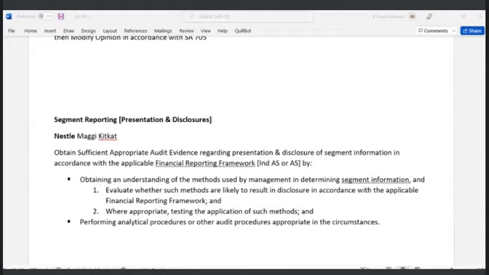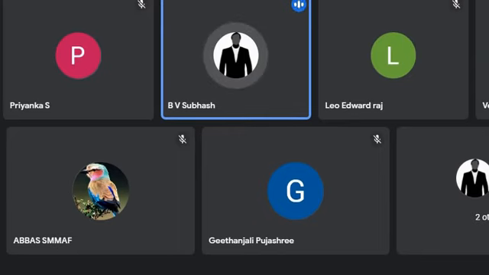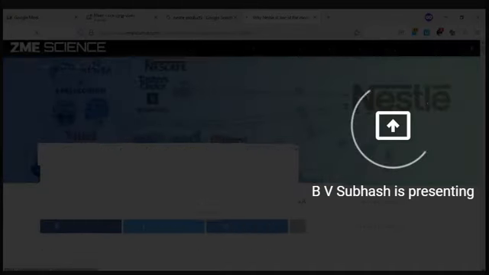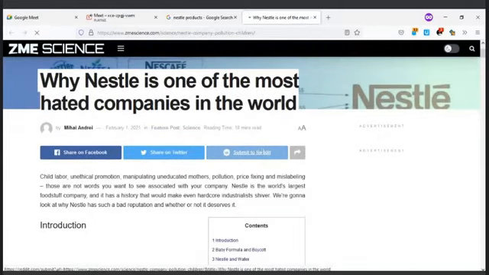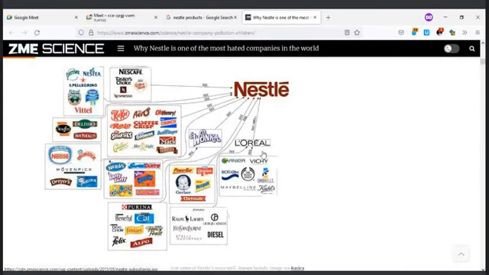If you do a simple Google search, you will come across a whole list of items that you wouldn't have thought belonged to Nestle. So let's check this. Nestle products, if you see, would you even expect that L'Oreal products belong to Nestle?